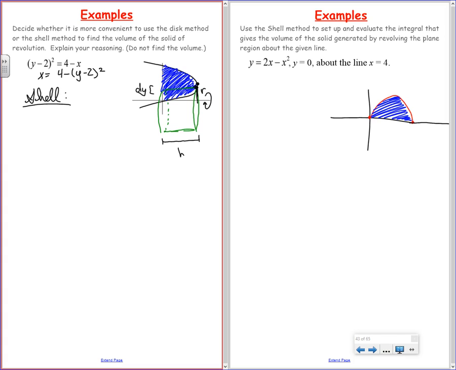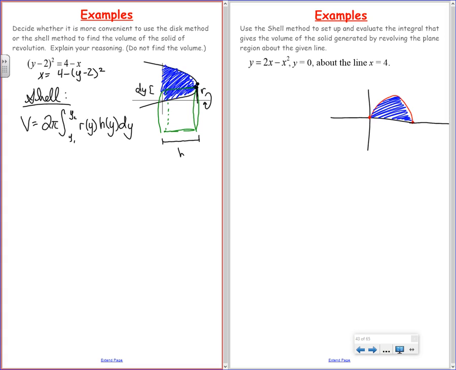So then we do shell. Guys, what's our volume formula for shell? 2 pi integral. We're going to go from y1 to y2, and then we're going to do r in terms of y times h in terms of y, dy. But isn't r just going to be y, since y is the height? So y minus 0, because the axis hasn't moved anywhere.